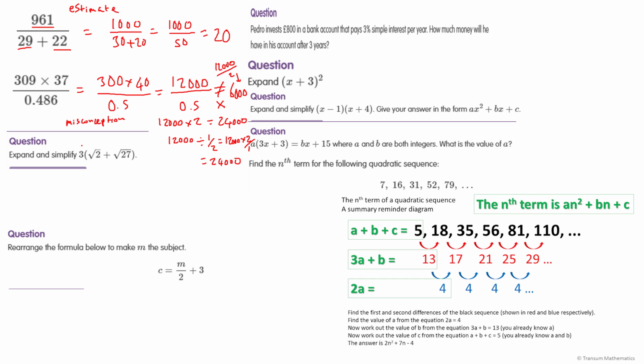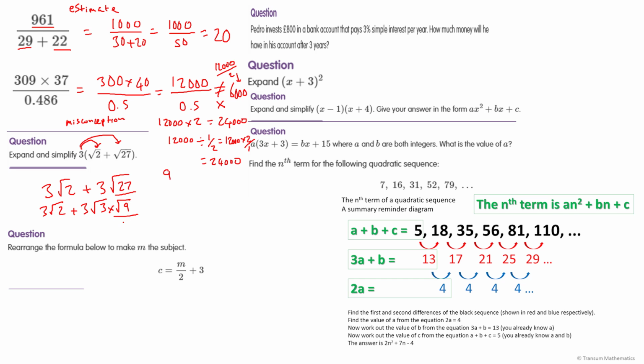Right, thirds. So let's multiply these thirds. So that's going to be 3 root 2. Perfect. And we're going to multiply the next one, and that's going to be plus 3 times root 27. Now, what's the biggest squared number that goes into 27? It is 9. So this becomes 3 root 2 plus 3 root 3 times root 9, right?